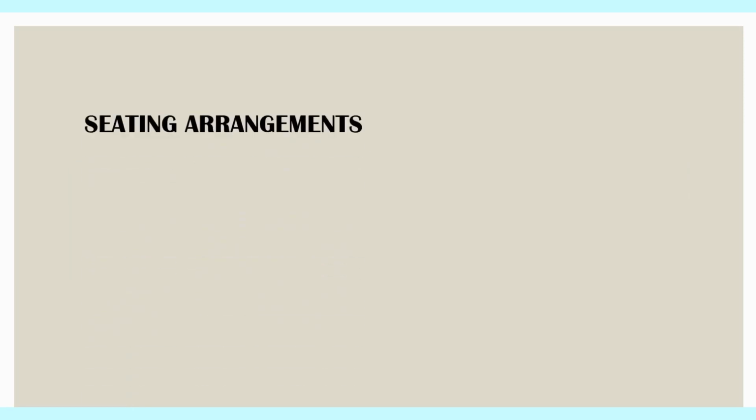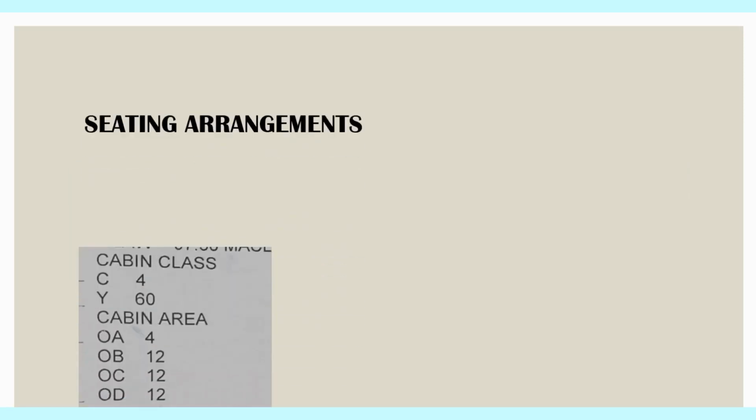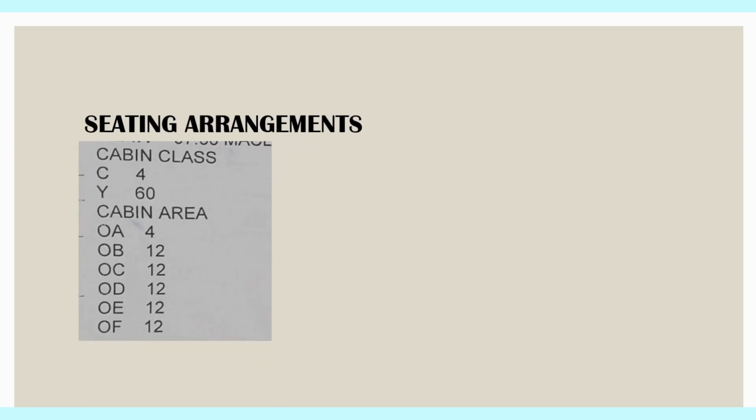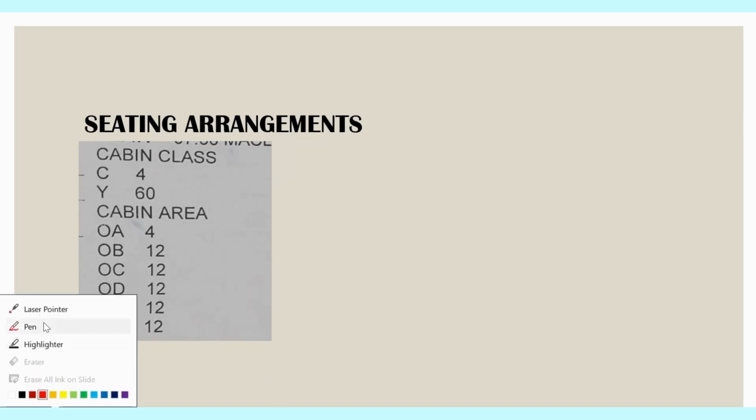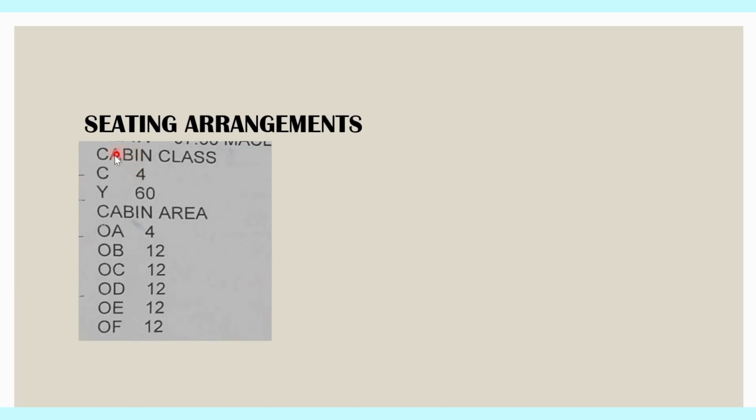The next section is seating arrangements, and seating arrangements comes like this. As I mentioned, Charlie is for business class, Yankee is for economy class. Now the economy class is also divided into a couple of sections.